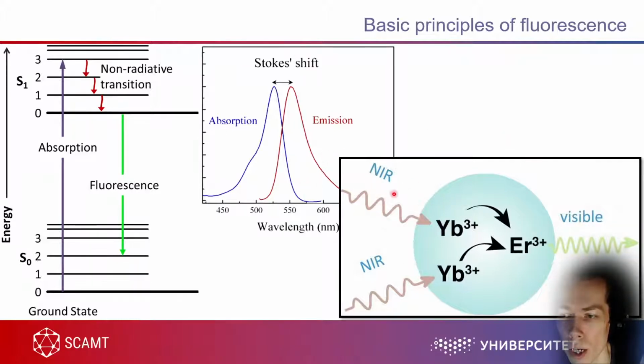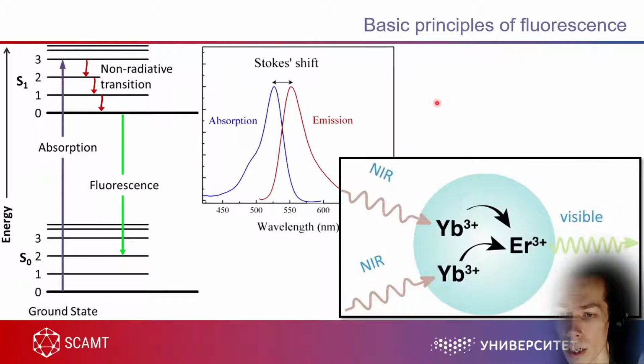For example, you can illuminate your tissue, your skin, with infrared light, and then nanoparticles will convert this to visible light, and this visible light can next illuminate some dyes in the visible area and produce a photosensitization effect or something like this. But that's just the basic principles.